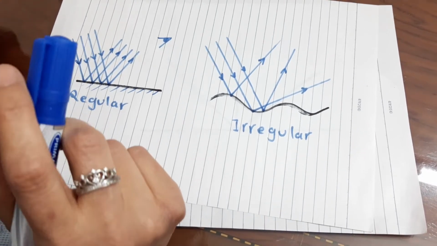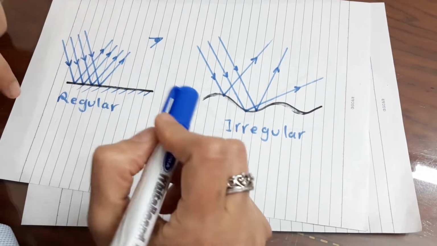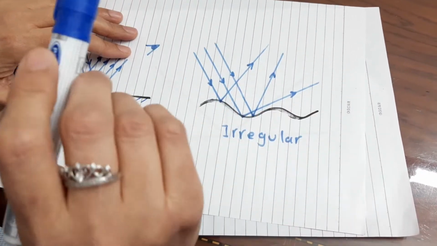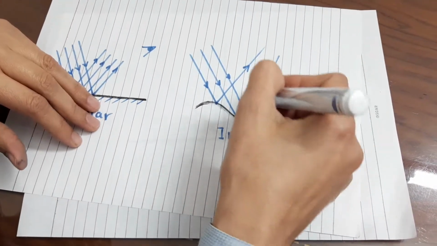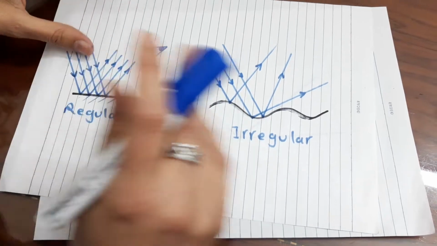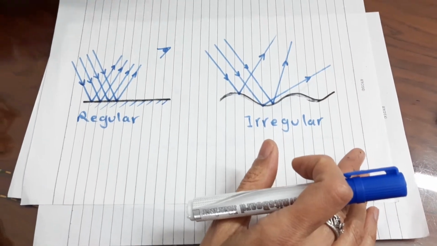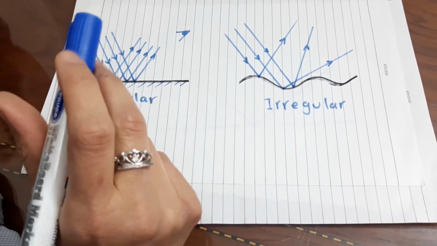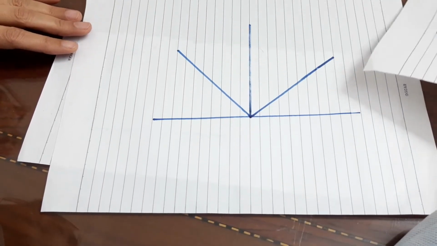So, what is meant by irregular or non-uniform reflection? It is the reflection when light rays fall on a rough surface and the incident light rays are reflected in different directions. So they differ from each other according to the nature of the reflecting surfaces.